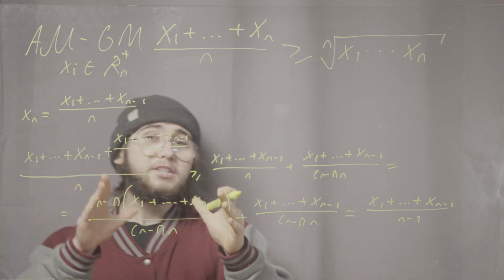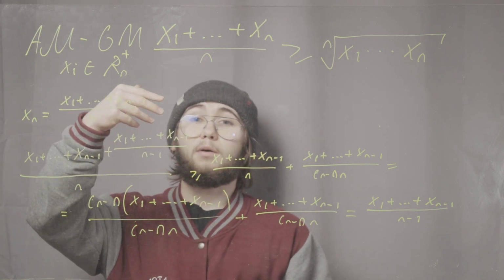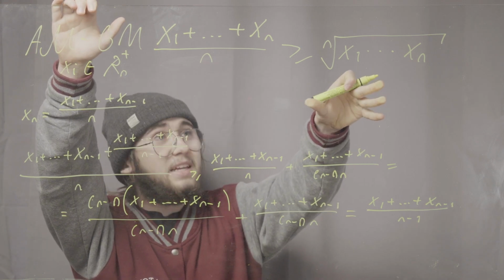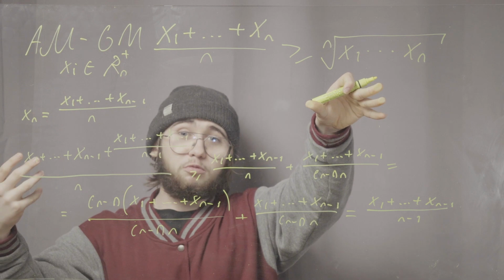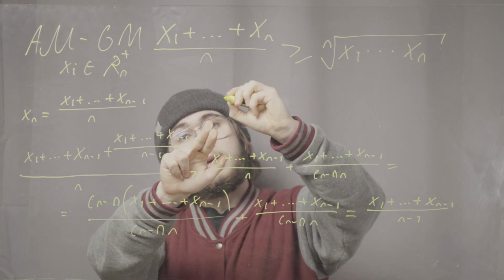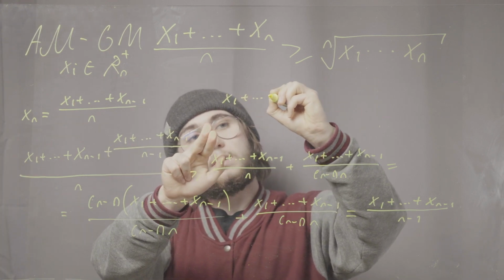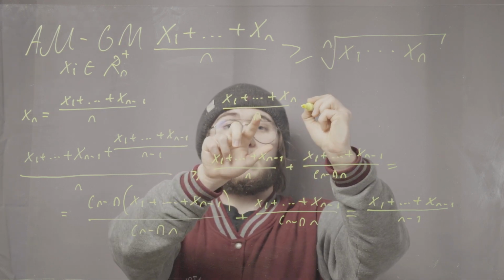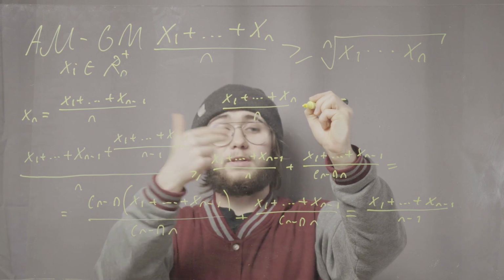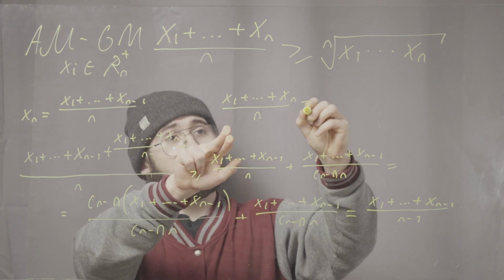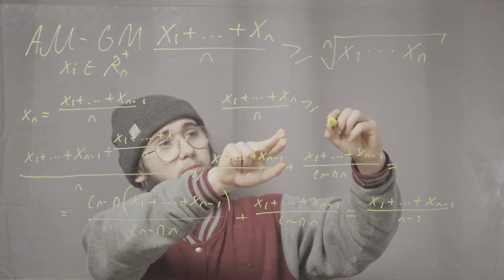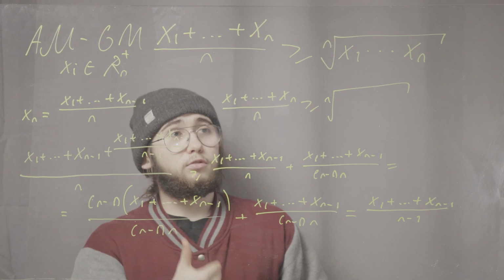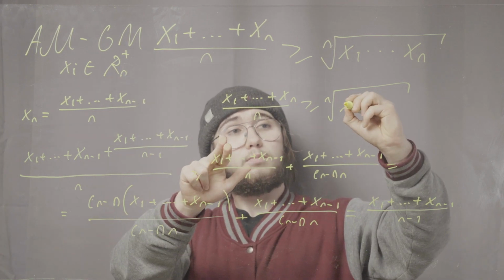And why is it absolutely awesome, guys? Well, look at this. We know by the assumption we made earlier that the arithmetic mean of any n non-negative real numbers, the sum divided by n, is always greater than or equal to the nth root of the product.